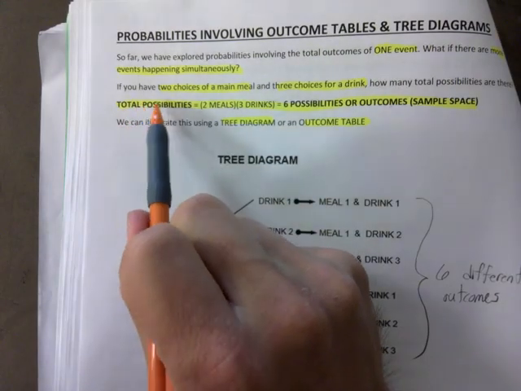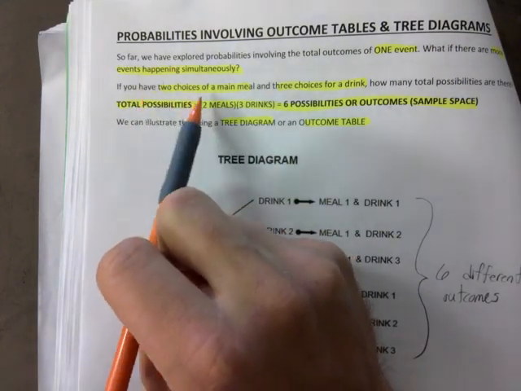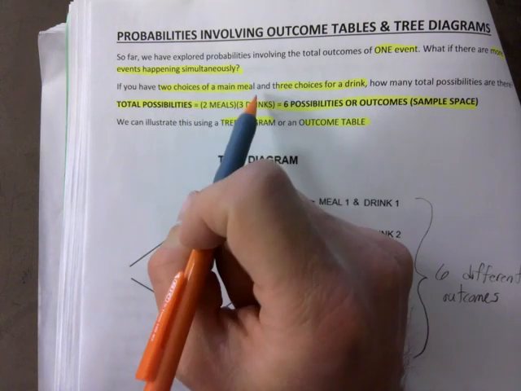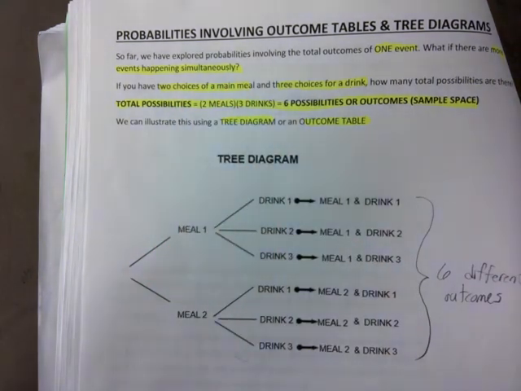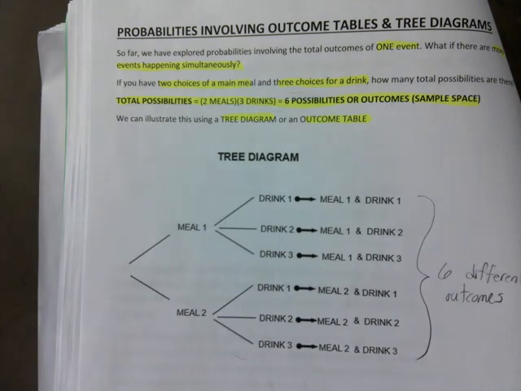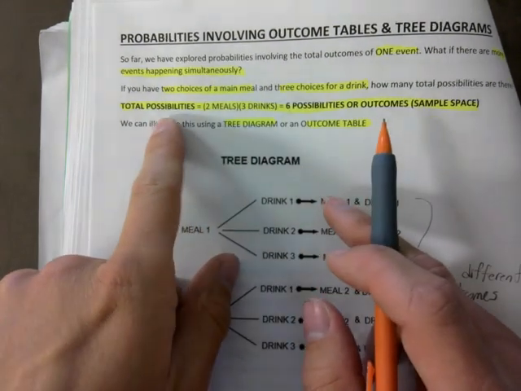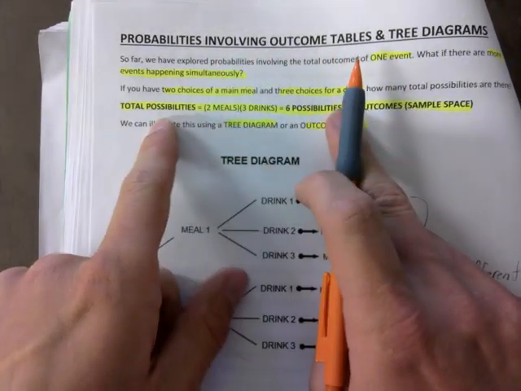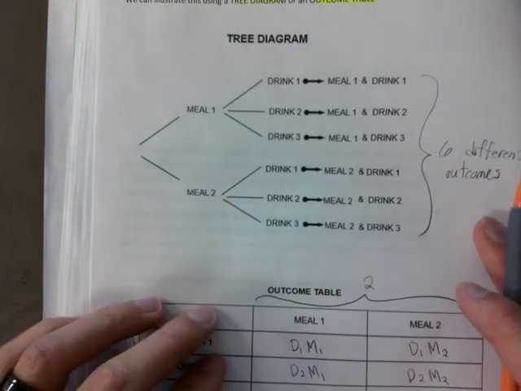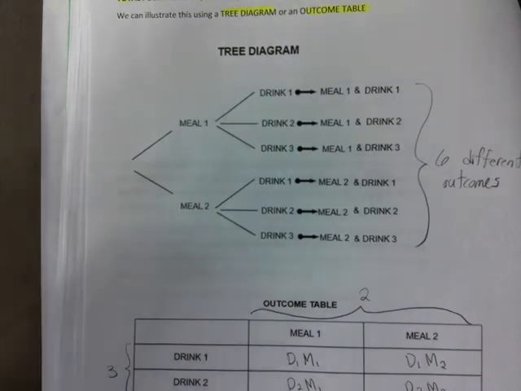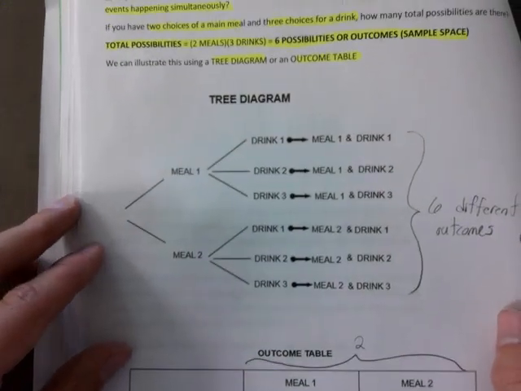In this case, our first example was that we have two choices of a meal and three choices of a drink. How many possible combinations of different orders can we choose? For these types of questions, we have two diagrams that we can make to help us figure out how many possible outcomes there are.